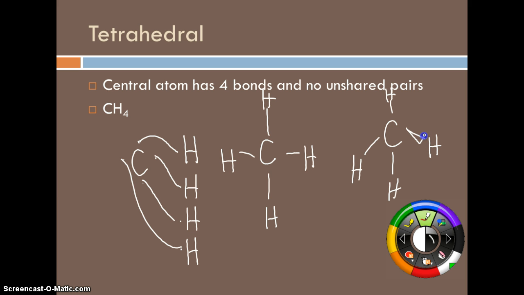This guy will be going back, this guy is coming forward, and then these two would be in the same plane. So if you were to look down on it, you would have a hydrogen here on top, the carbon would be underneath of it, and then you'd have 1, 2, 3 hydrogens sticking out there.